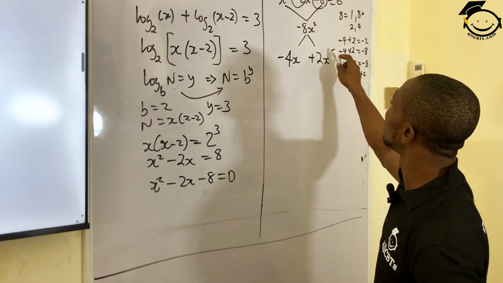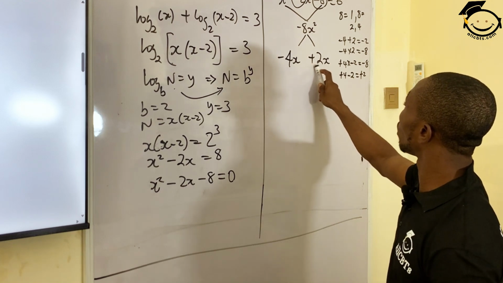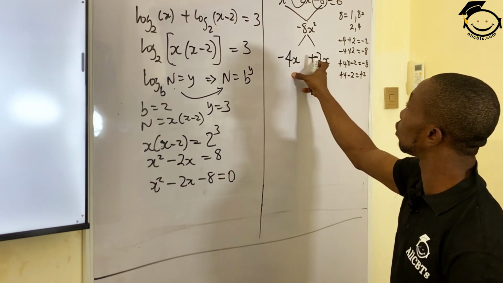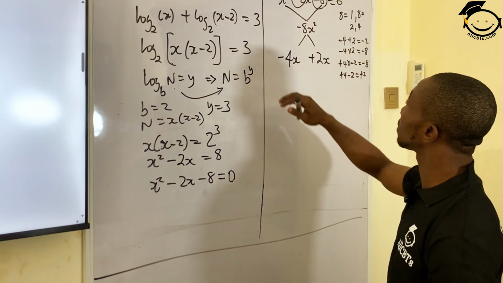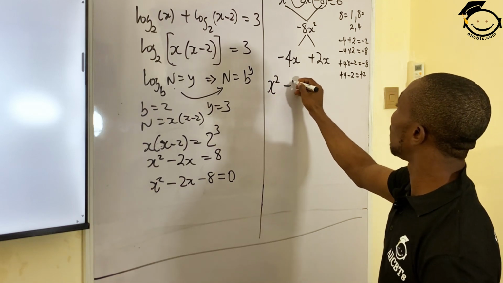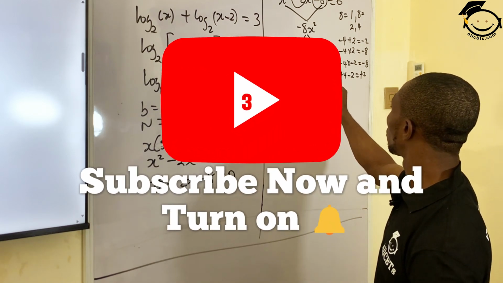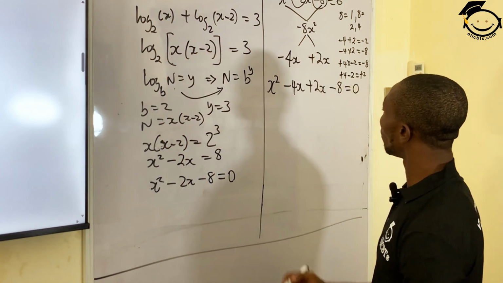Now, replacing this, we use these two factors, minus 4x plus 2x, to replace minus 2x, since the sum of these gives us this. So we have x squared minus 4x plus 2x minus 8 equals 0.